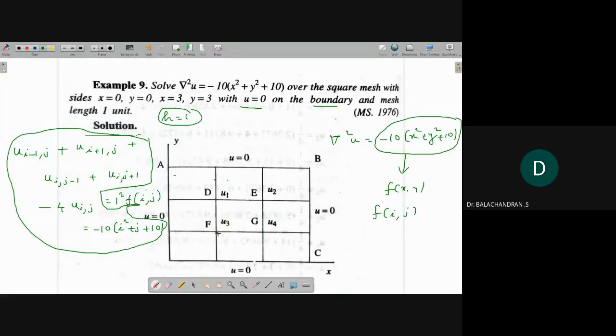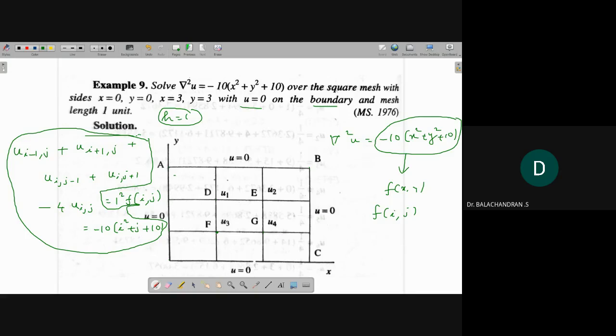Here you consider this is i, this is j. So this is 1 comma 1, i is 1 and j is 1.